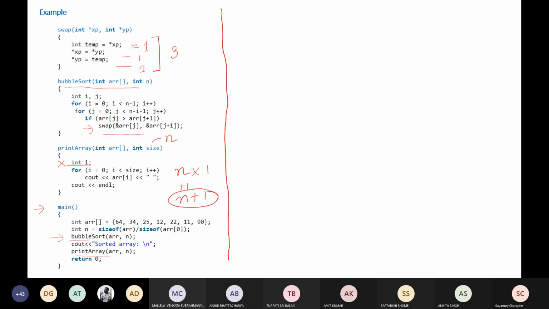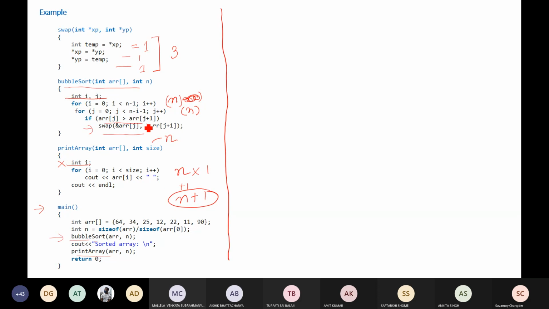Then we are calling bubble sort. Here again we don't require to calculate this. Now for I equals to 1 to n minus 1, let us consider this is n only. Similarly for j equals to n minus I minus 1, at most it will execute for n times.